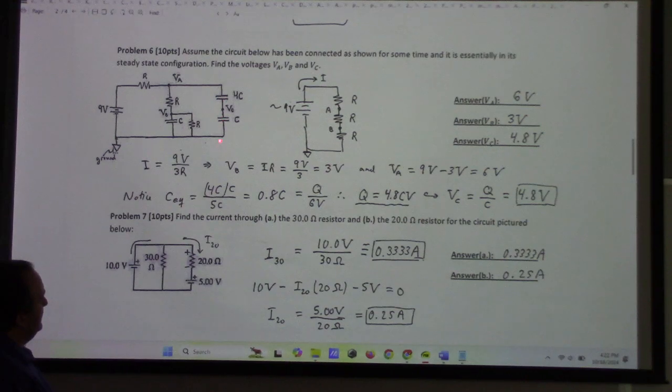So if I can find the charge on the equivalent capacitance, I can find the charge on each of the capacitors forming the equivalent circuit. As such, I get a formula for Q is 4.8 CV, but then the voltage on the capacitor, which is the voltage at C, is also Q over C, which gives us 4.8 volts. So I think nobody got this, but there it is.